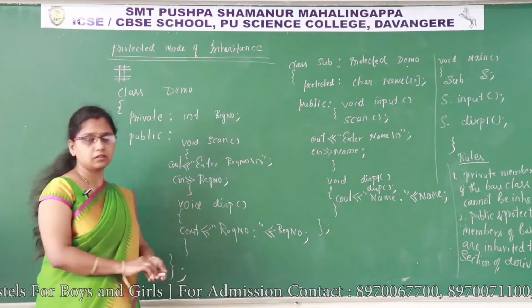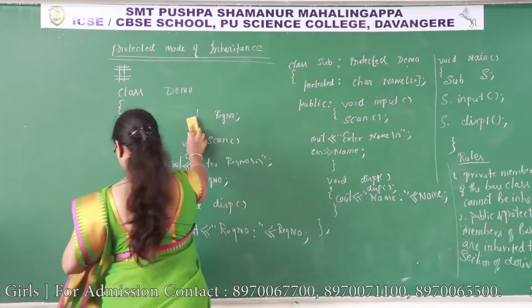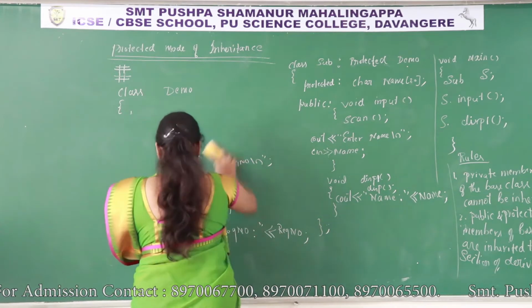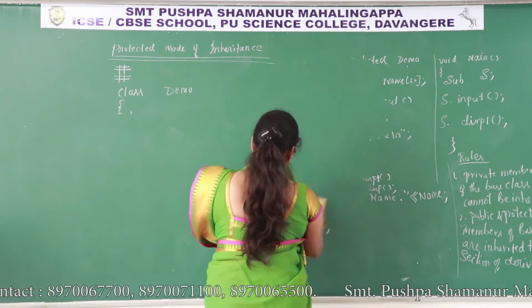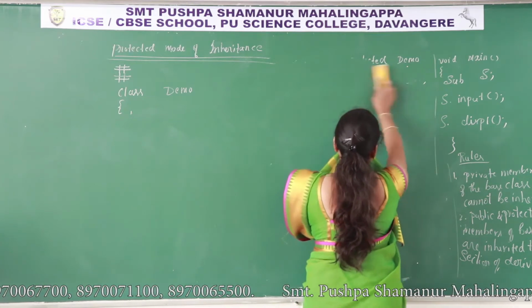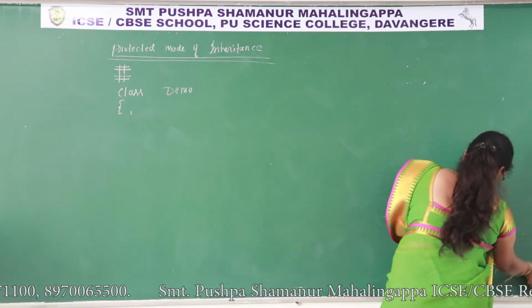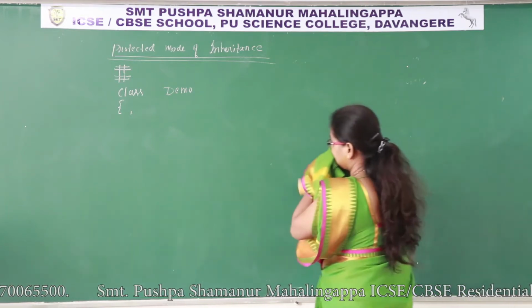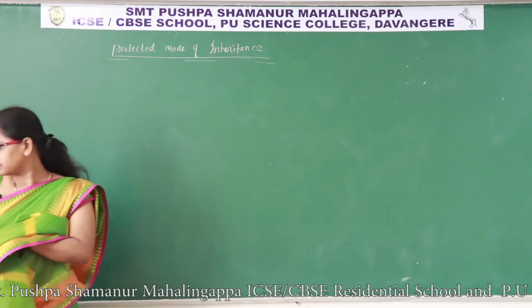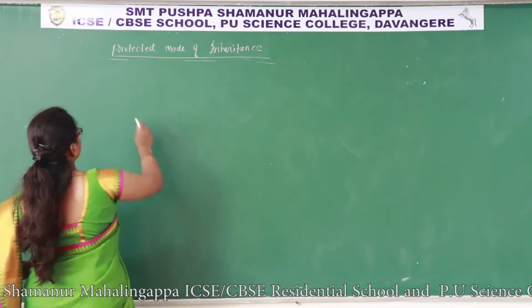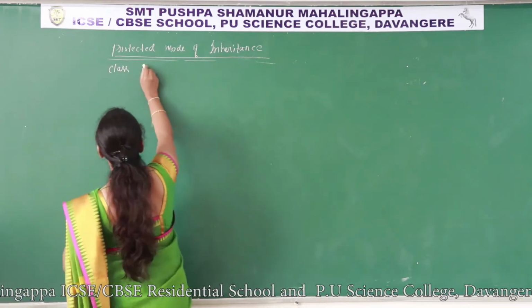I'll consider another example. There I'll take public, protected and all access specifiers. Class date.